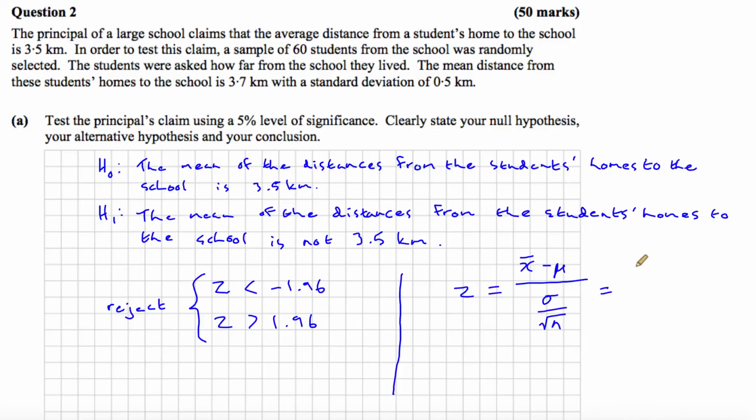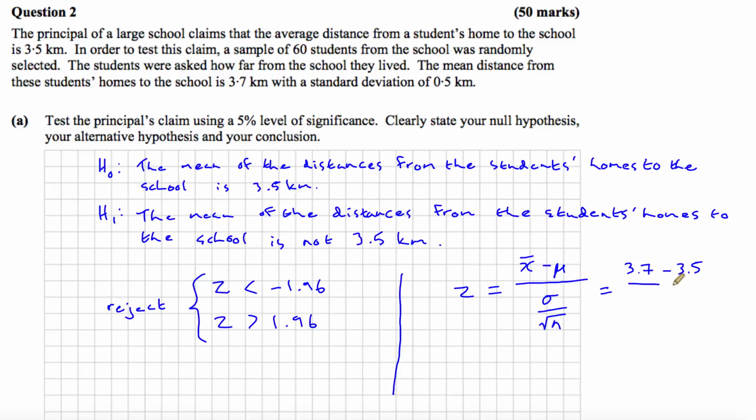So we're going to get the sample mean, which is 3.7. So the 60 sample students had a mean of 3.7, so that's the sample mean. From that we're going to subtract the population mean, which the principal is claiming is 3.5, so this is what we're testing.